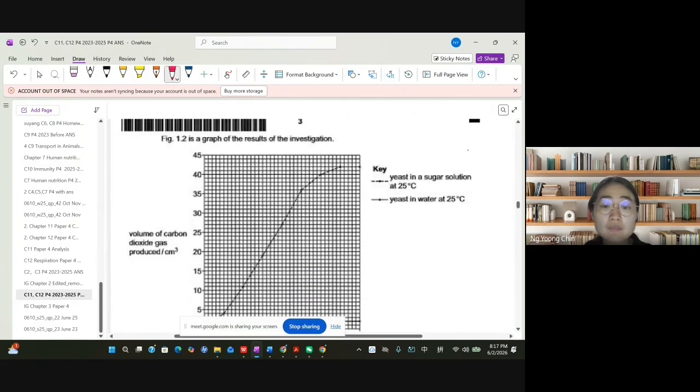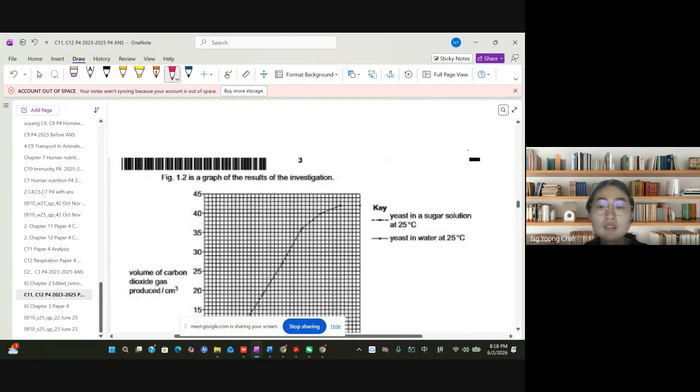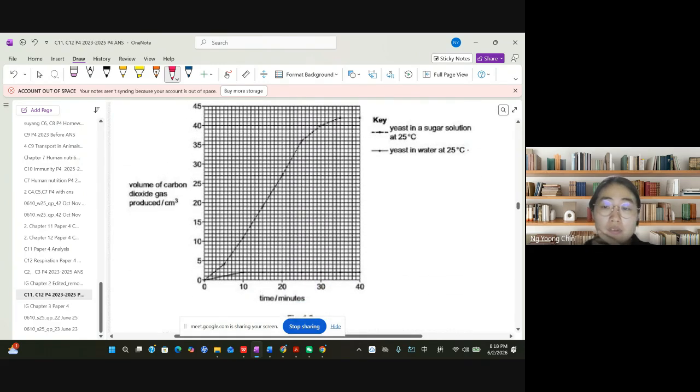So what's the finding? They will have two graphs: yeast in the solution and yeast in the water. You can see that in the yeast in the sugar solution, due to the source of sugar, they can do anaerobic respiration.